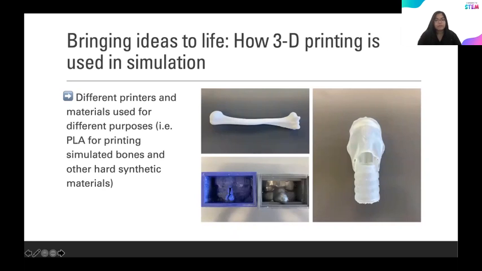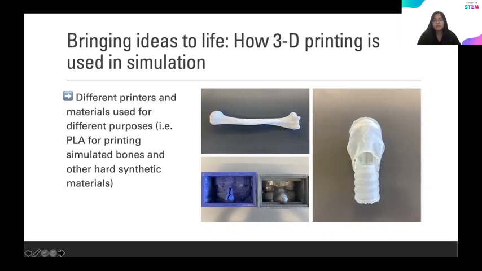So more on 3D printing. Just like we have different types of printers, we also have different materials that we use for different purposes. For example, PLA, which again is this hard plastic material, prints hard, tough plastic that we use for printing simulated bones, as you see here, and other hard synthetic materials.